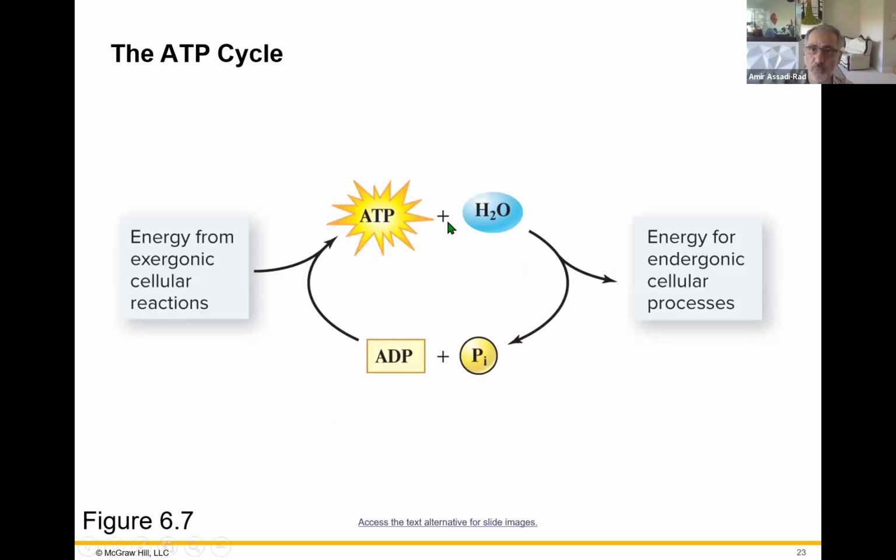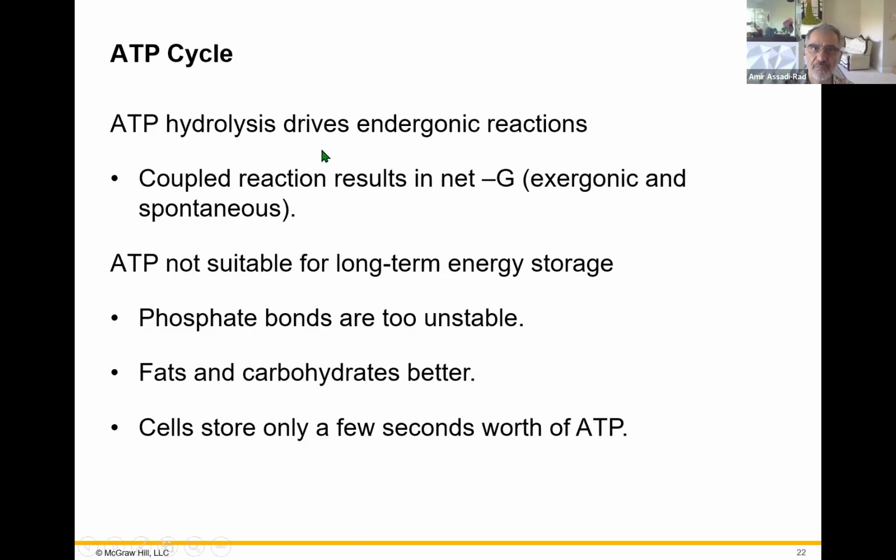So ATP plus water gives energy for an endergonic reaction, a cellular process. I see what he's talking about now. Remember this sentence? ATP hydrolysis drives endergonic reactions, other reactions, not itself.